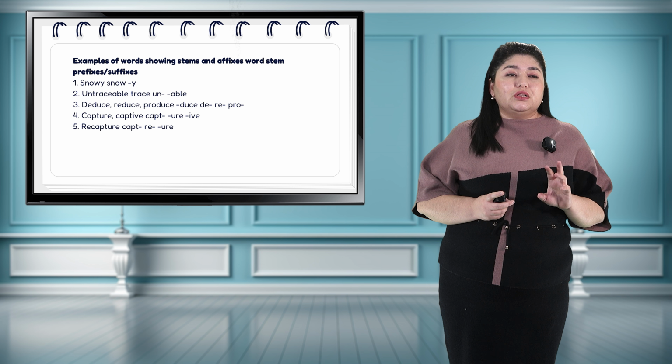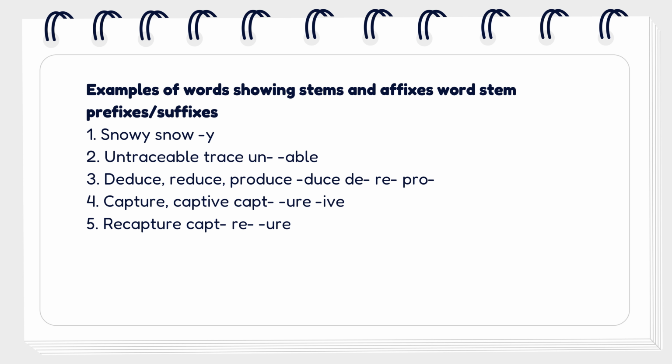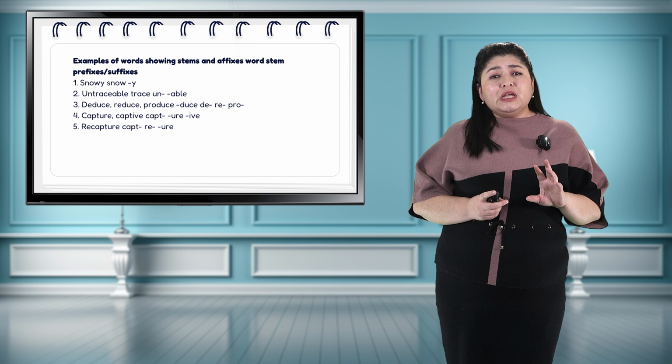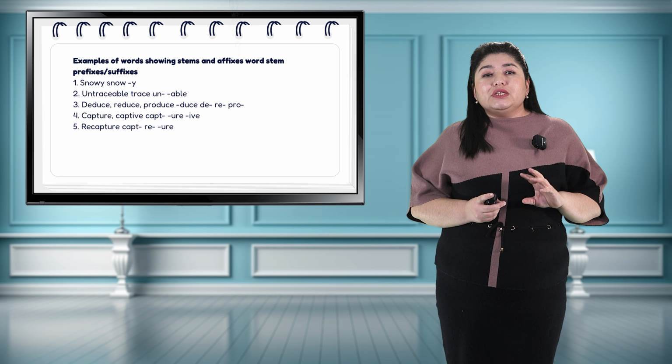For example, for the word snow, we add a suffix y and we can make a new word, snowy. Or reduce or produce. For the word duce, we add a prefix re or pro and make a new word.